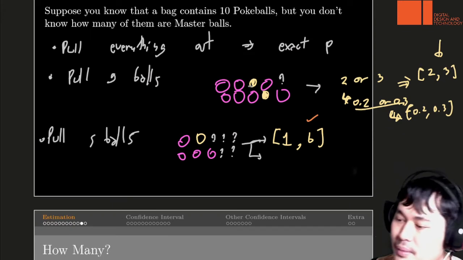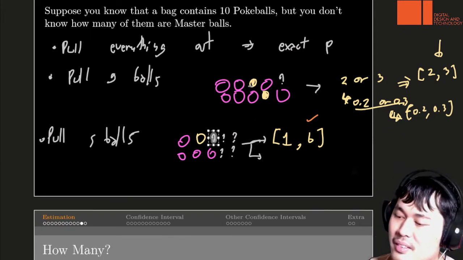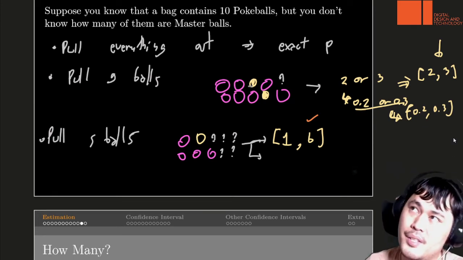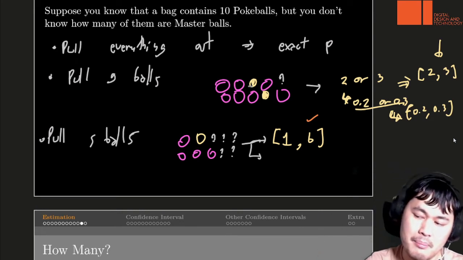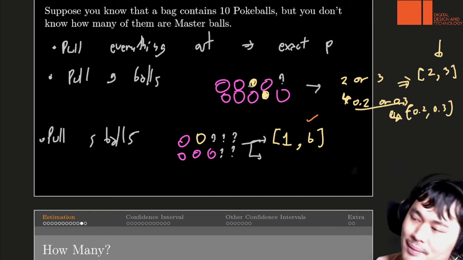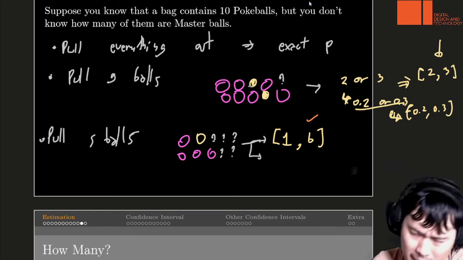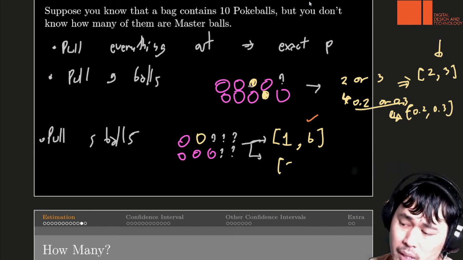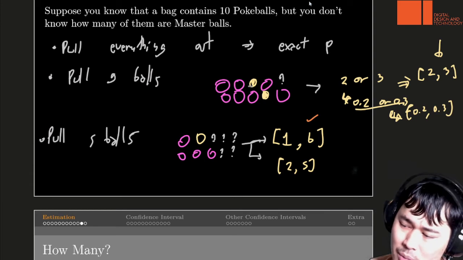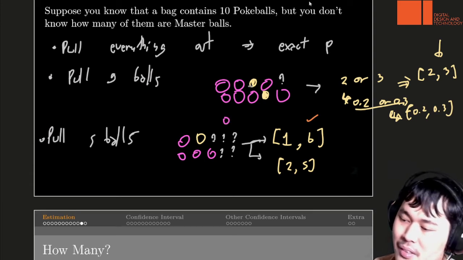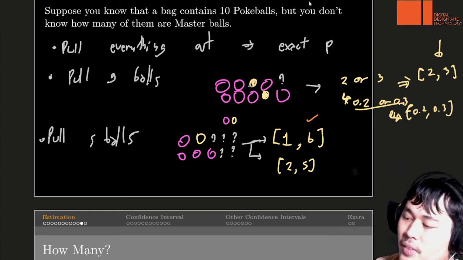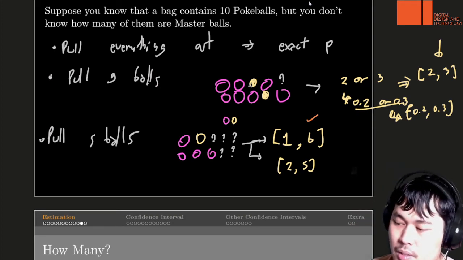And also, based on this sample, if there are 5 balls in the bag, you should expect to see some normal balls and some master balls in the mix. So maybe a better estimation would be to say it's between 2 and 5. If you believe there should be some normal ball inside the bag and some master ball inside the bag, it's fair to say that the numbers are actually 2 to 5.